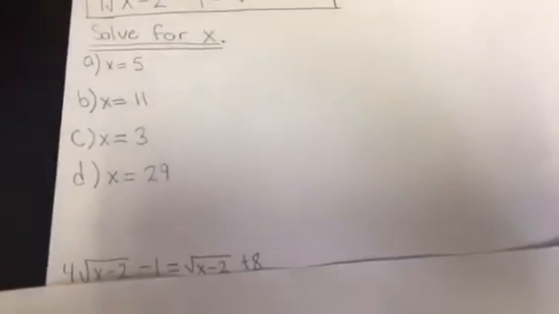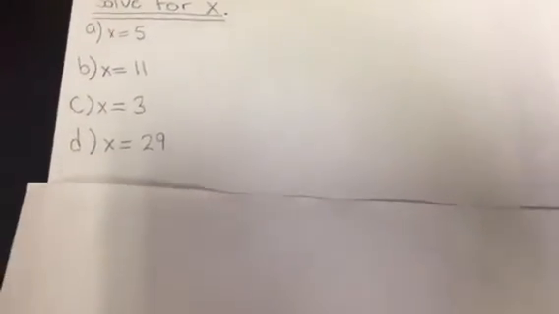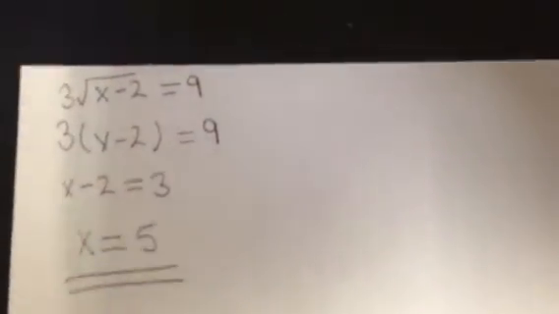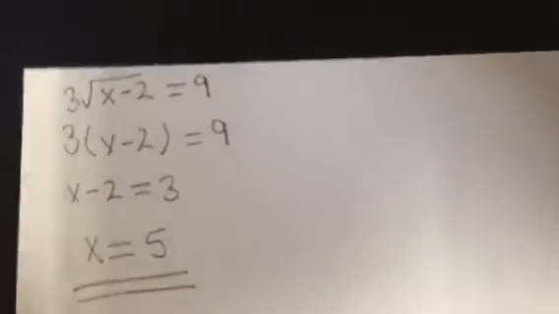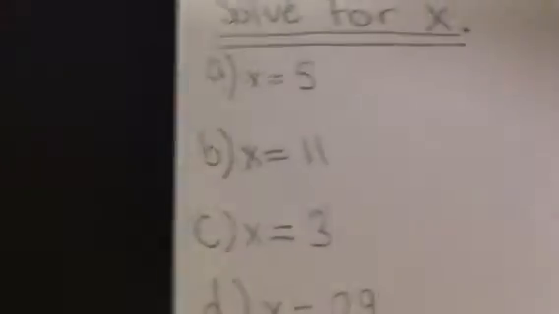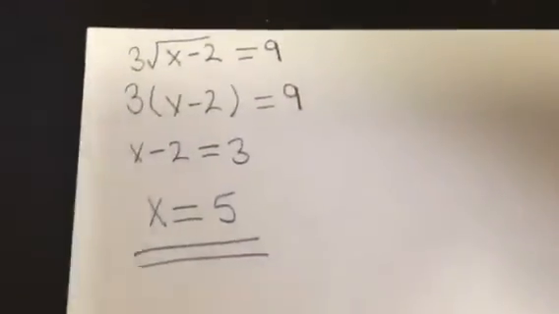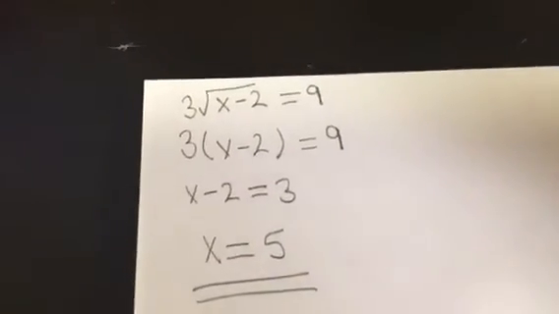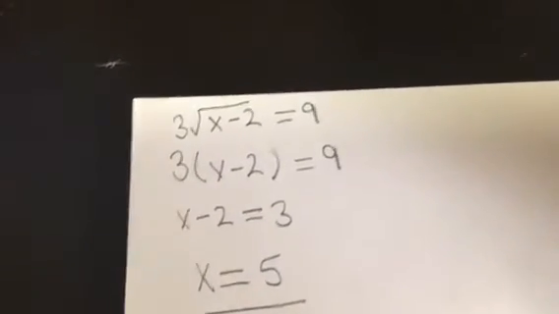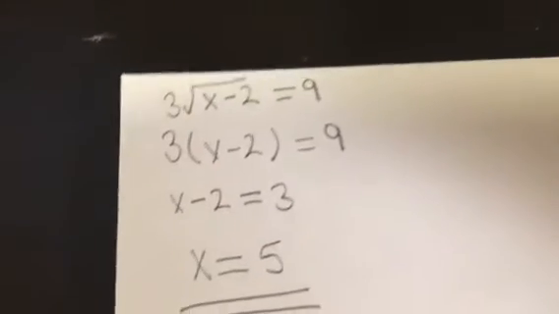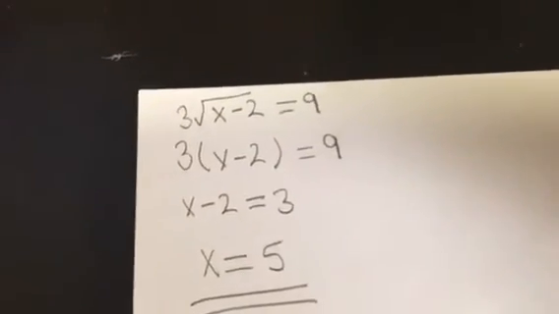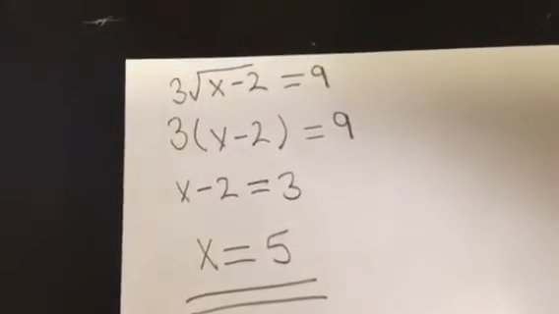But let's see why the other ones wouldn't be possible answers. These are just a lot of mistakes a lot of people make, that I realized when I was going through it too. I made them multiple times. The first one, where we have x equals 5: right when you get to 3 times the square root of x minus 2 equals 9, some people might forget to square either side and just eliminate the square root itself.